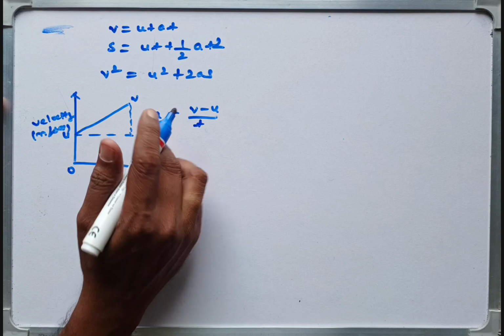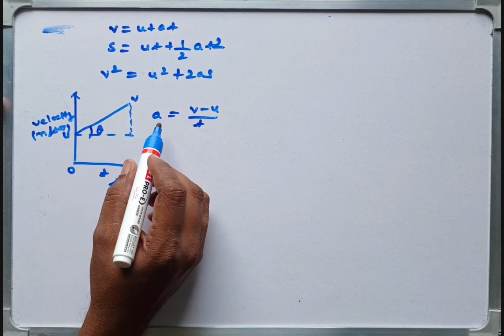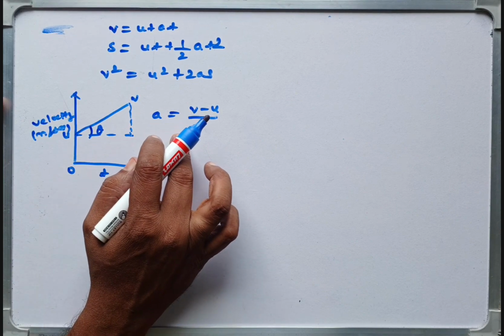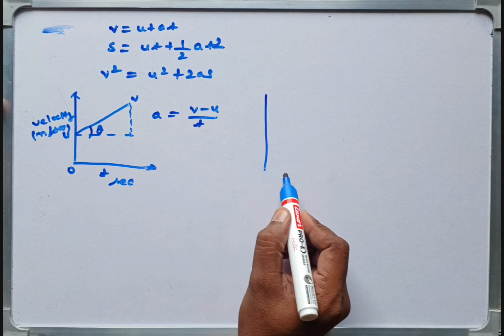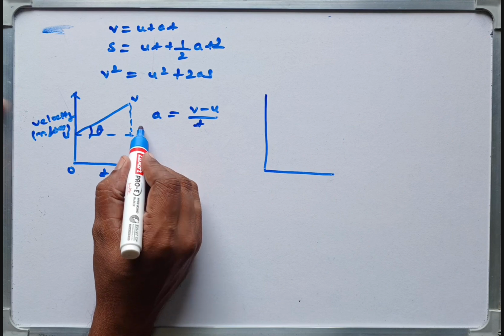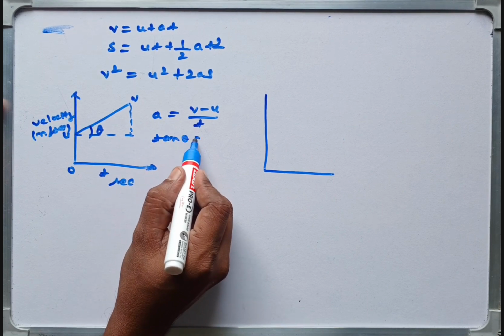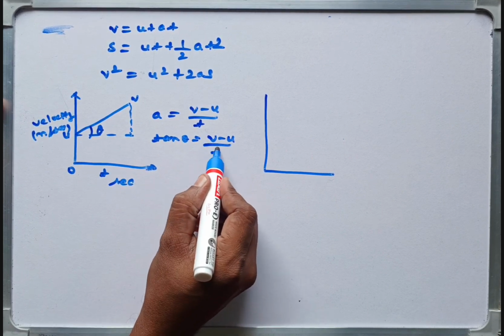So a is the gradient, theta: tan theta equals v minus u by t.